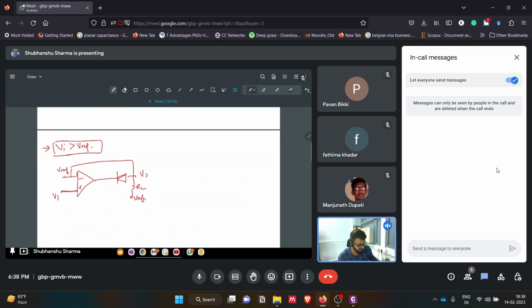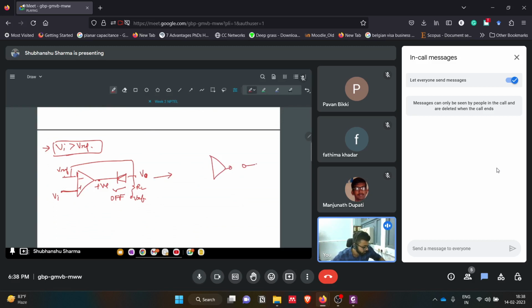If Vi is greater than Vref, then this will be positive. So for that, this diode will be off. Then the op amp will not come into voltage follower condition. So this will become open, and there is no feedback for the op amp.